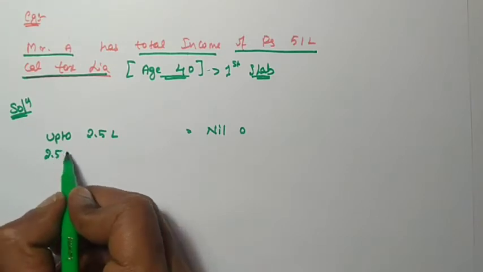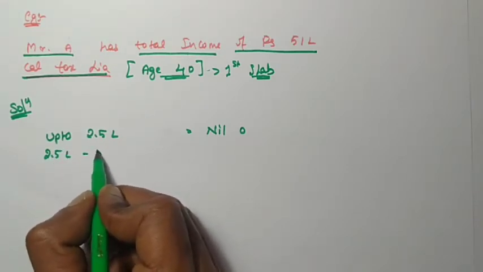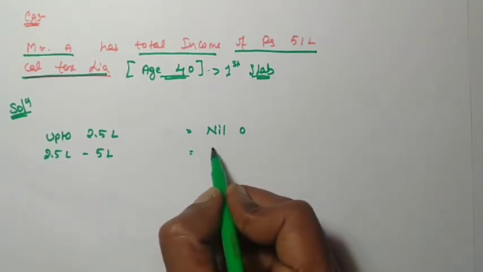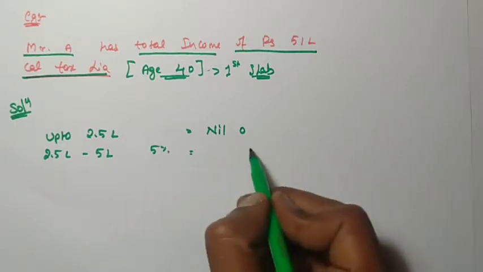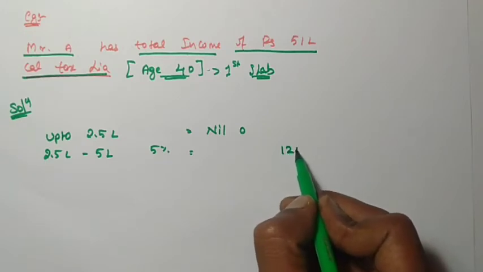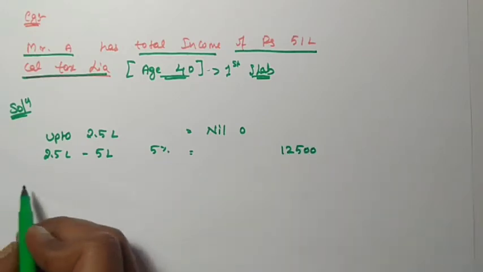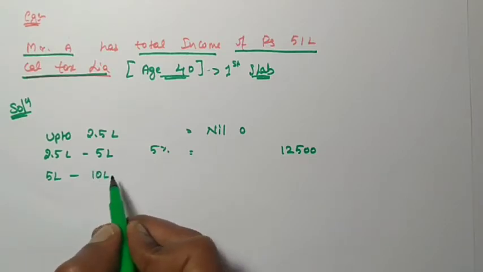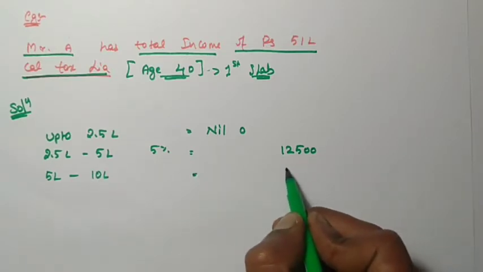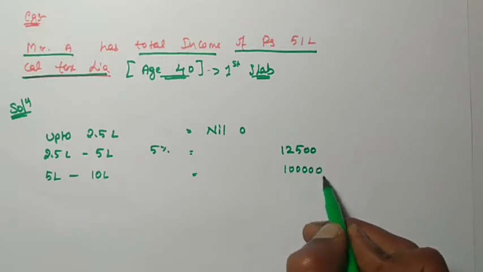From 2.5 lakh to 5 lakh, 5% tax rate, 12,500. On 5 lakh to 10 lakh, 1 lakh is tax.